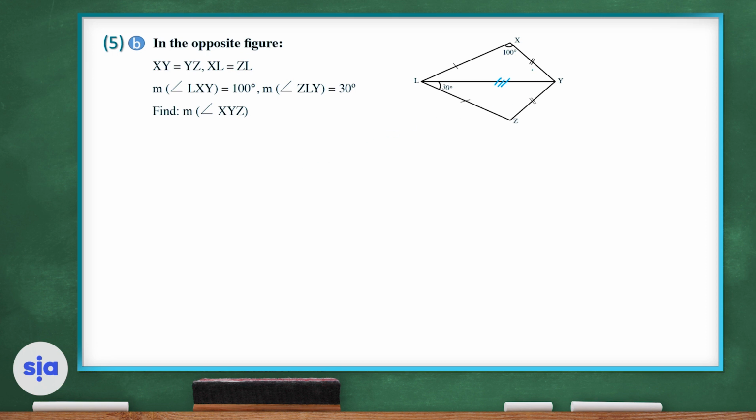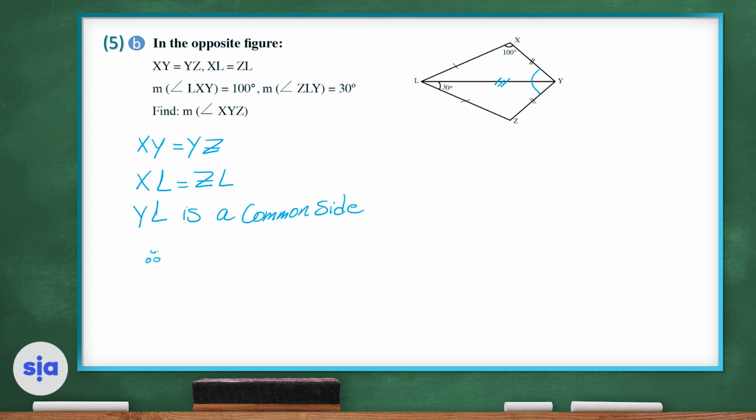The question here wants the measure of this angle. From the givens, you can see that XY is equal to YZ, XL is equal to ZL, and we said that YL is a common side.